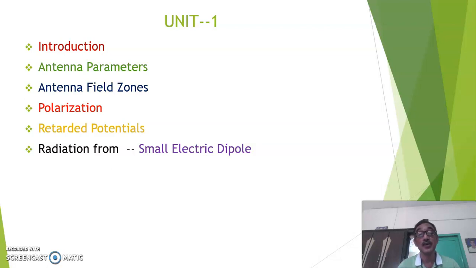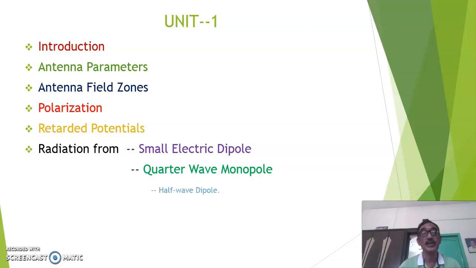What are the field components that exist in this small electric dipole? This we will study. This can also be called an infinitesimal dipole, or even a Hertzian dipole.